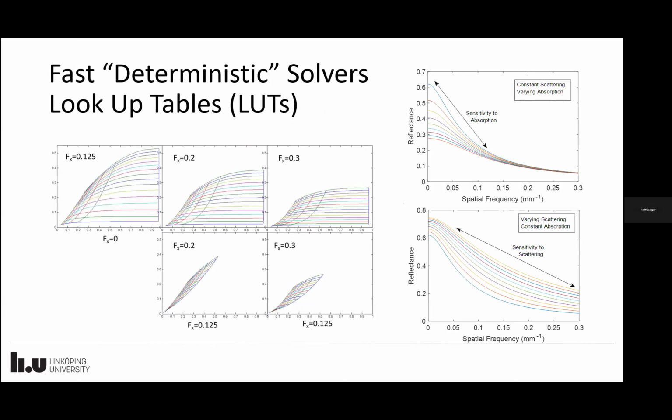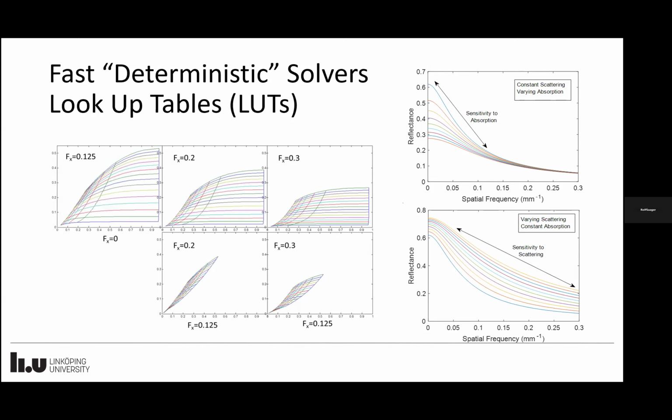But yeah, so there are also deterministic solvers. So again, deterministic in quotes, but faster approaches. So, there are lookup table approaches. So the idea here is you can simulate results with Monte Carlo over a wide range of optical properties.